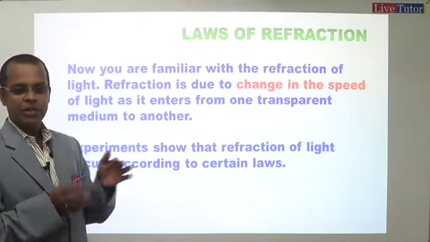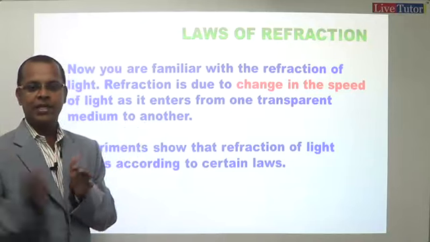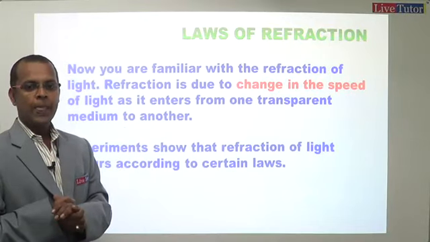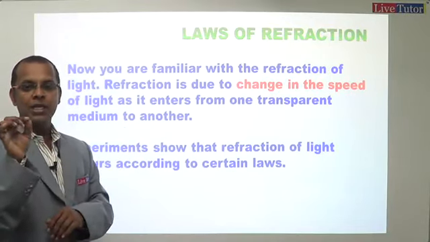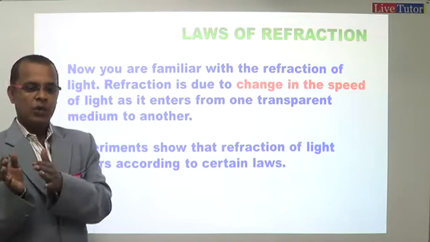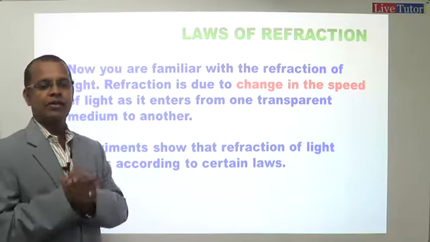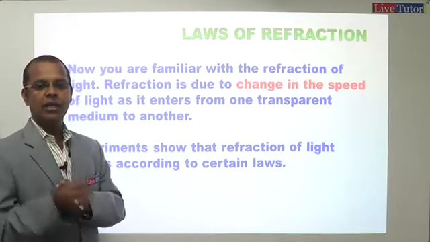Because in every refraction part of the light is reflected and part of the light is refracted through the glass prism. But there is one angle, what we call the critical angle. At that particular angle, the total light will be reflected back, not refracted. It is totally reflected back. That is called total internal reflection.